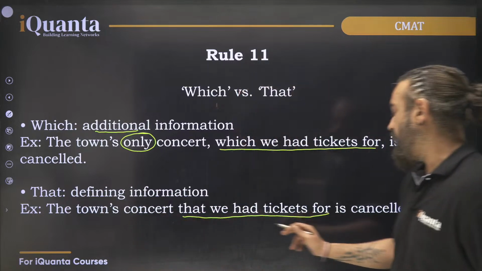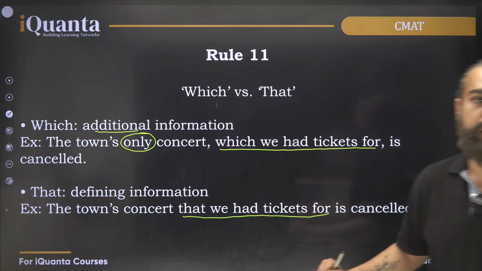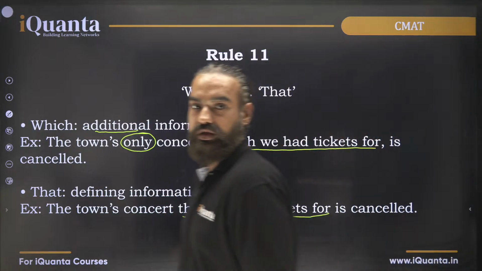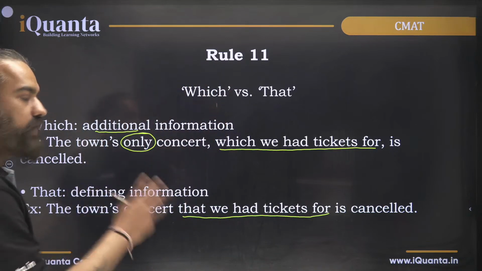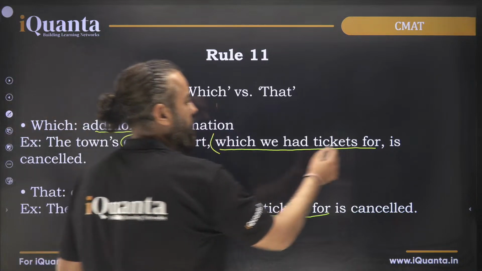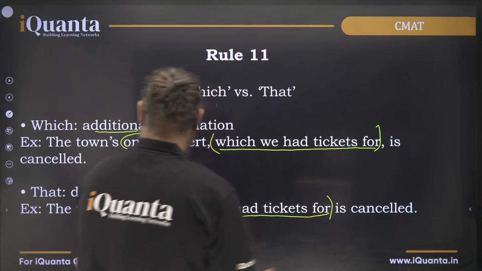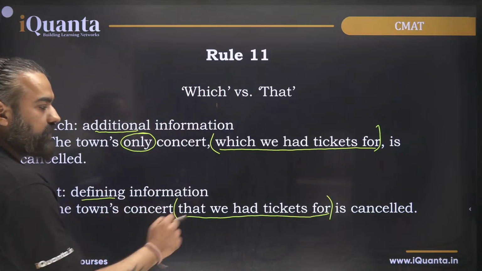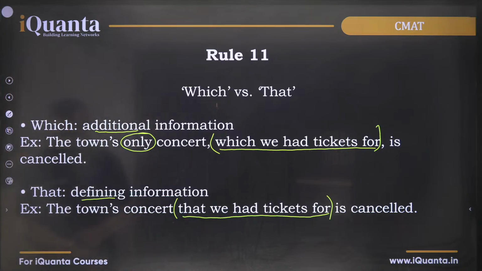The one that we had tickets for. That's how which and that differ from each other. Which is used for additional information, that is used for defining information. The simple answer is, you can remove this part and the sentence will still make sense, but this part is essential or defining information for the sentence.